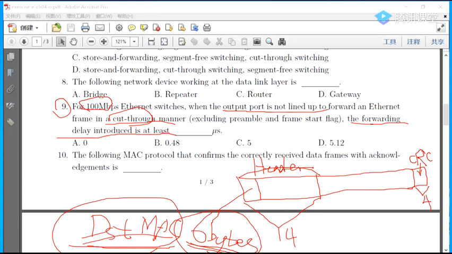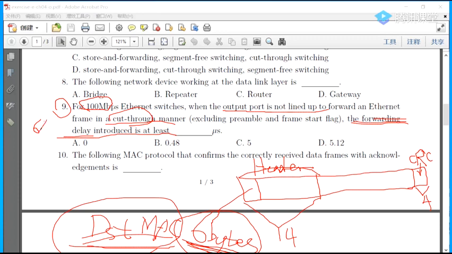The forwarding delay is in fact the delay of receiving 6 bytes, right?